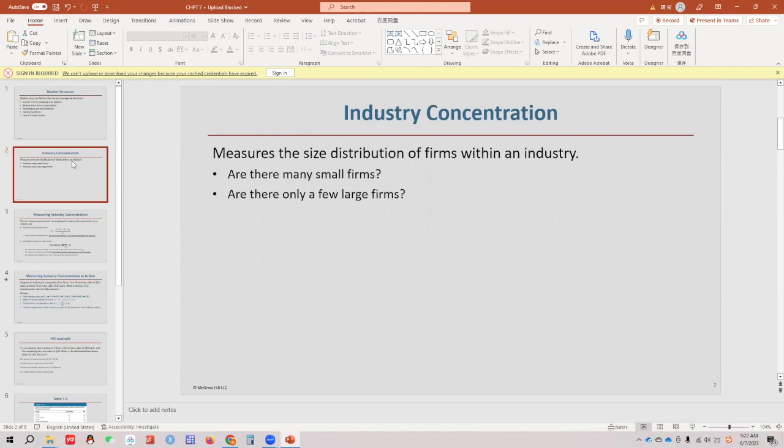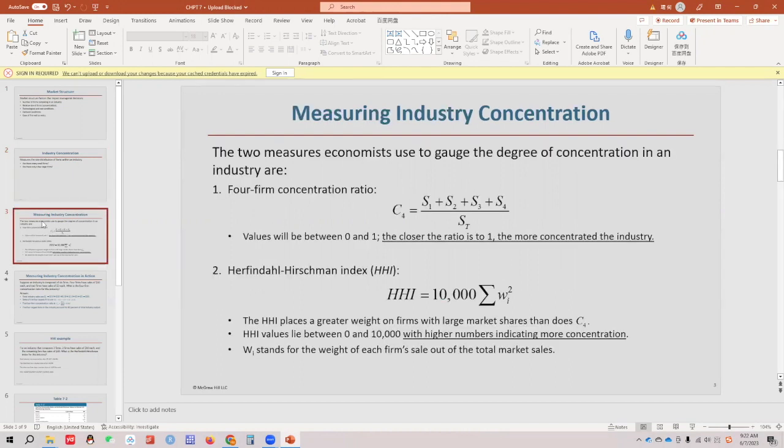Thinking about an industry that is led by a few large firms, think about the technology industry, right? Like operating systems of phones, Android and Google, they are the two leading heads. So how do we measure that?